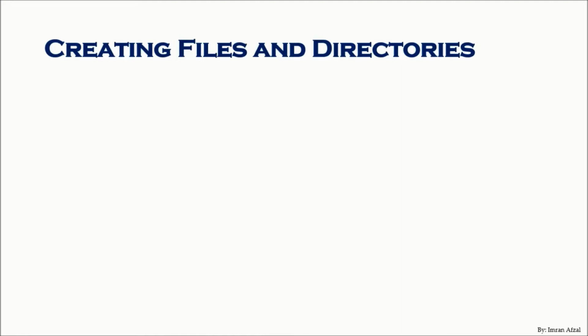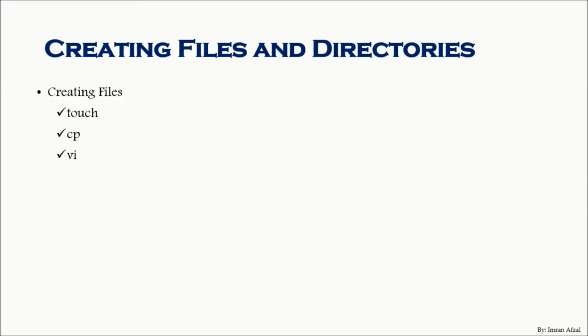Creating files and directories. In this lesson, we will cover how we can create files and directories, and different ways to create files. The first one is touch. The touch command creates a file, an empty file. The second way to create a file is by copying an existing file and creating a new file at the destination location.